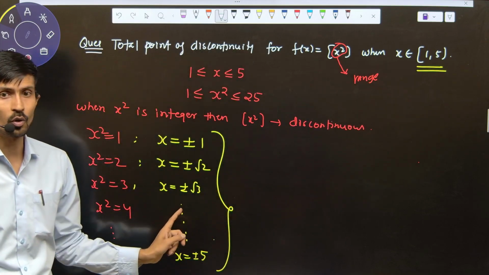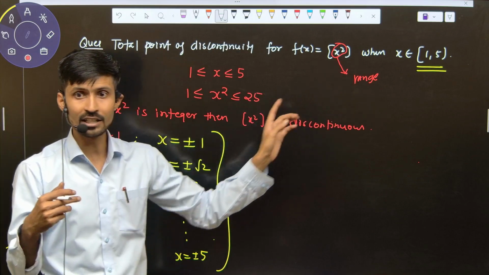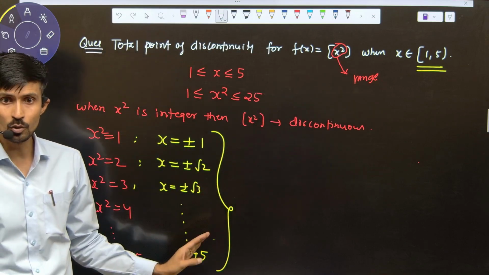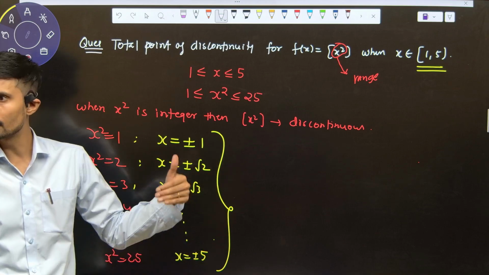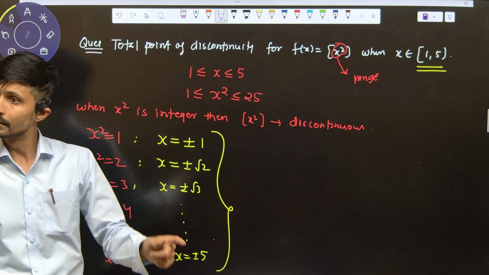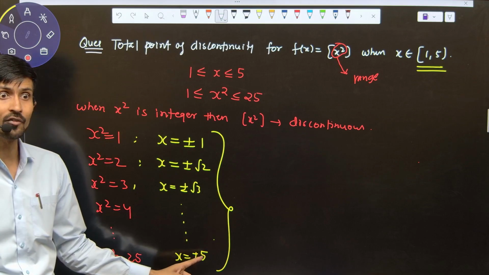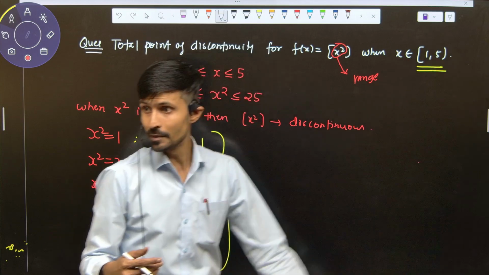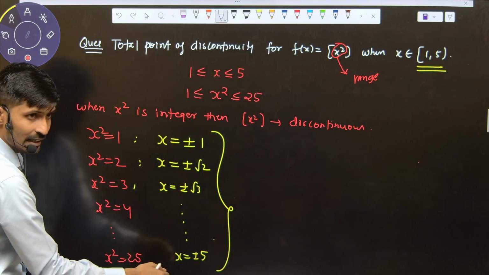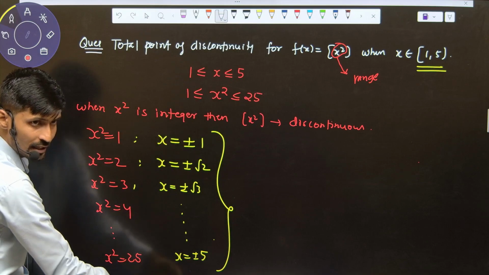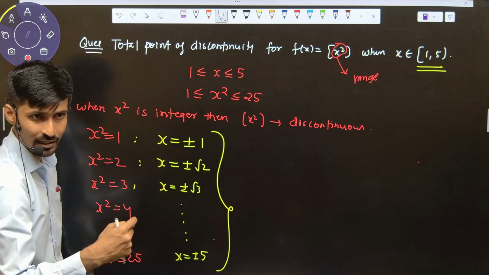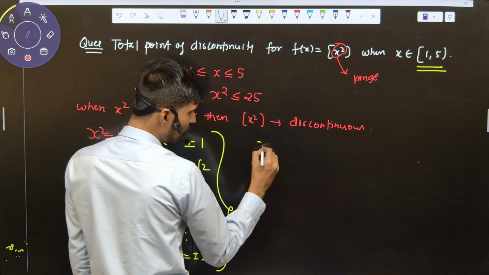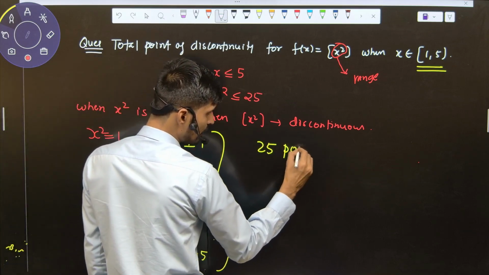Next will be root 4, 2, lying or not? Next will be root 5, root 6, root 7, root 8, root 9, root 10, root 11, 12, 13, 14. Last will be root 25, which is 5, and 5 is the border. It means all minus will be neglected, only plus we have to consider, and in total with plus, how many points are there? So 25 points are there, but the answer will be 24.